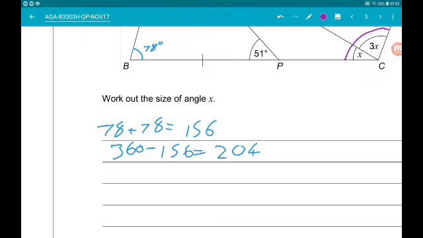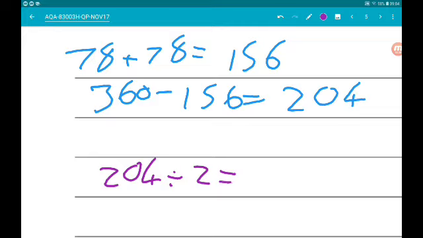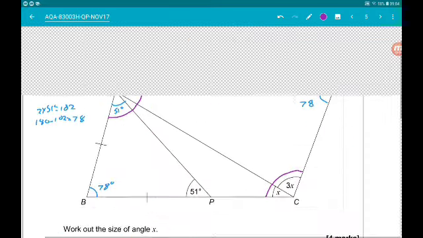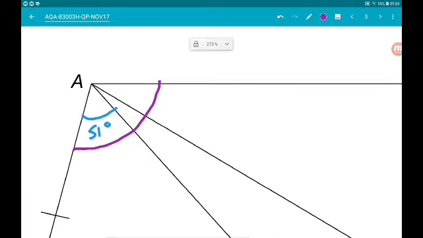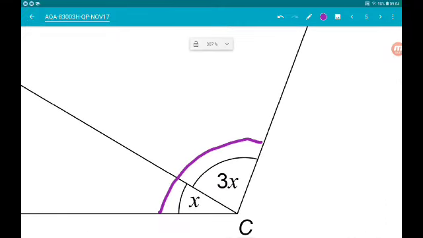So if we divide 204 by 2, 204 divided by 2 is 102. We then know that this whole angle up here is 102, and sorry about my phone, this whole angle down here is 102.